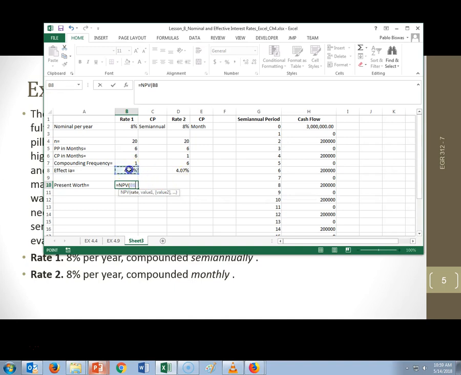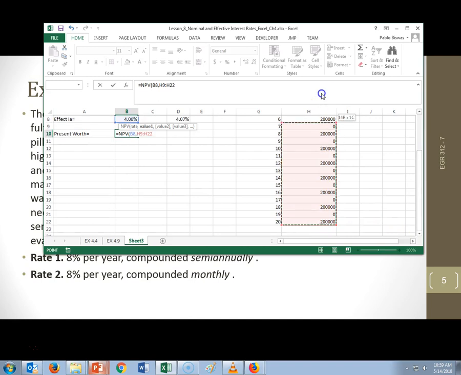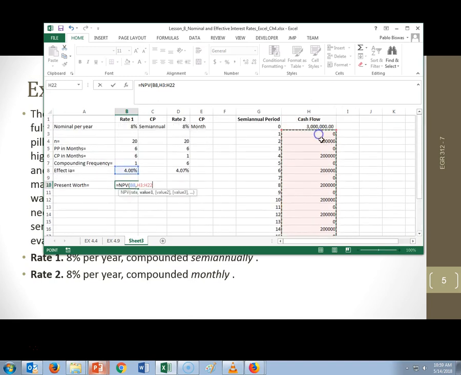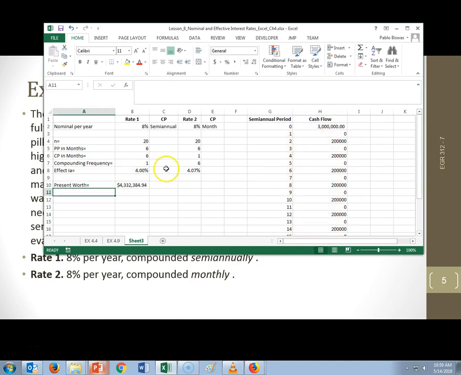In this case, first the rate is 4%. The values will be, remember, starting from the all the way to bottom to the 1, then close the parenthesis plus the first one, which is this.